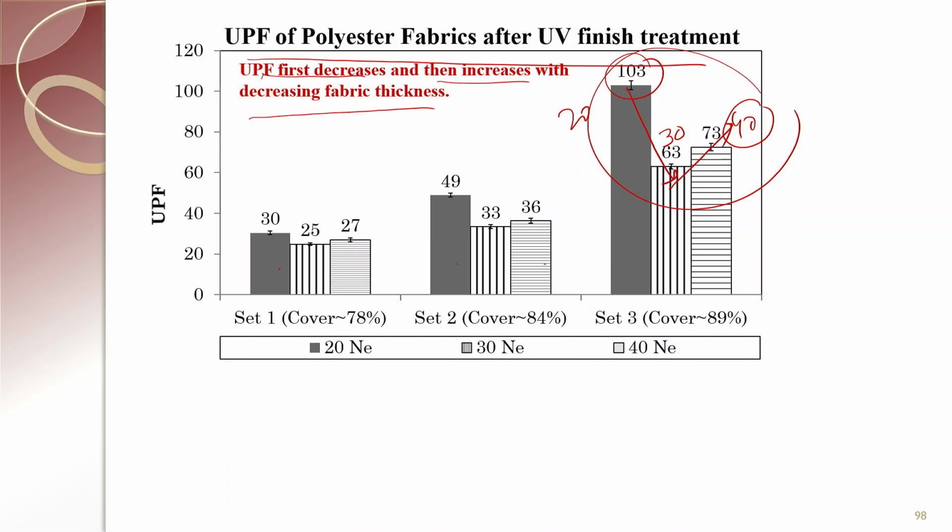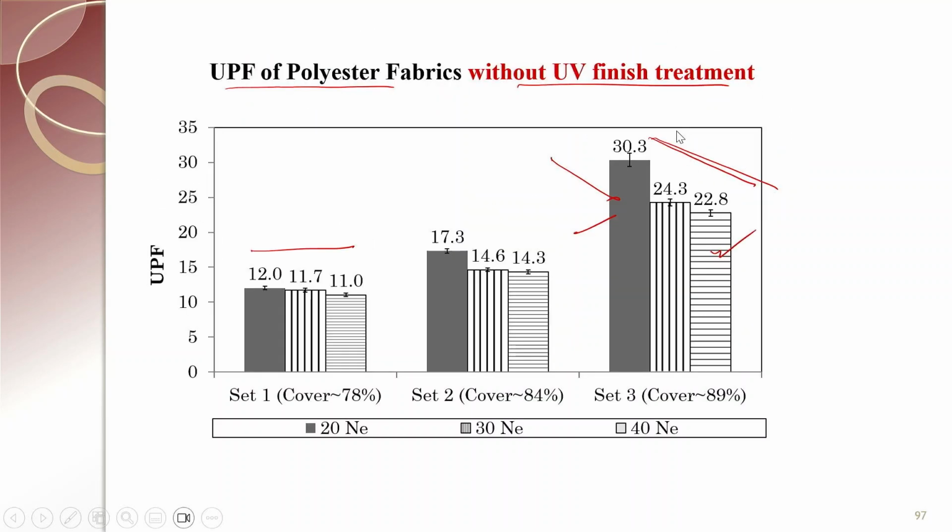So, fabric thickness reduces. UPF initially decreases, then it is increasing, but without finishing, as the fabric thickness decreases, the UPF decreases, and here the areal density also decreases.